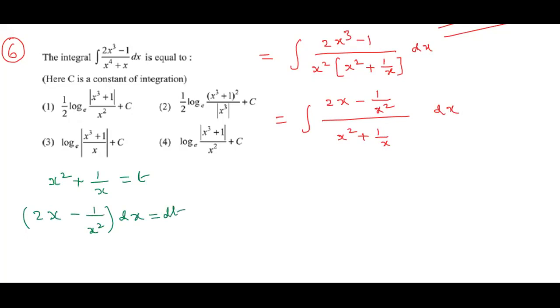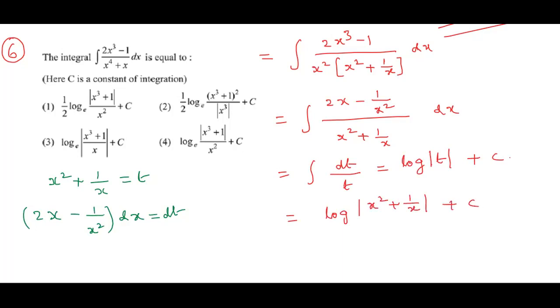So this is the numerator part now. Now integration dt divided by t. What is integration 1 by t? That is log modulus t plus c. Now logarithm of mod t means x square plus 1 by x plus c.